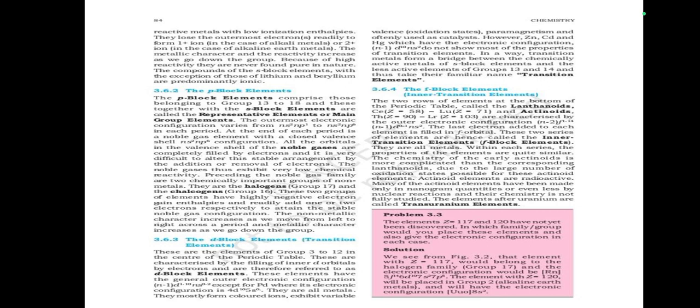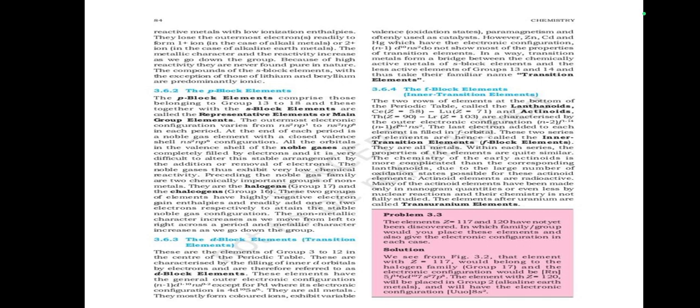They are characterized by the outer electronic configuration (n-2)f1 to 14, (n-1)d0 to 1, ns2. The last electron added to each of these elements goes into the f orbital, hence they are called inner transition elements, f block elements. They are all metals, and within each series the properties of the elements are quite similar.